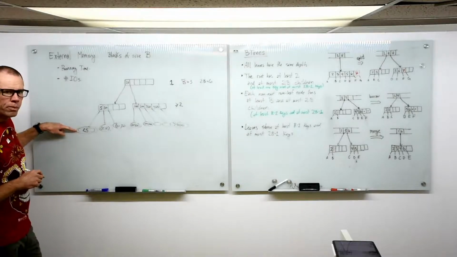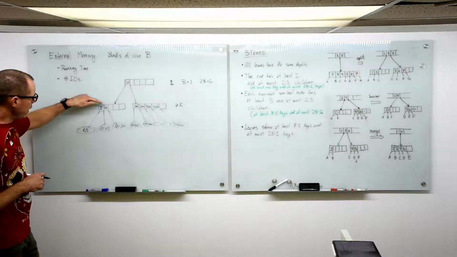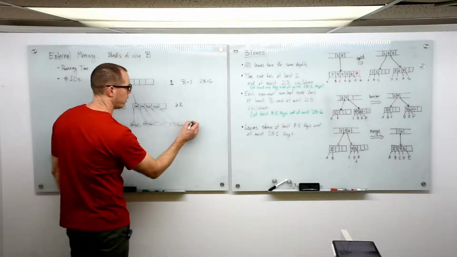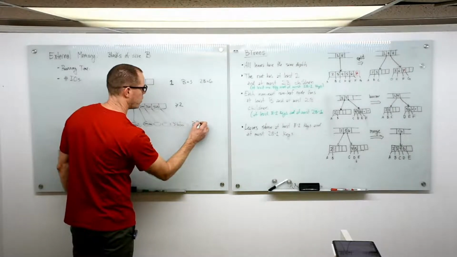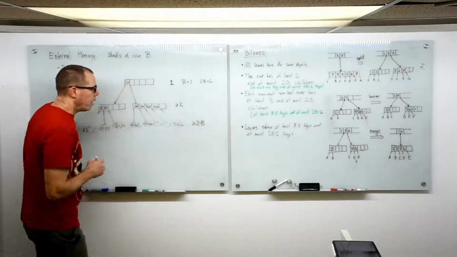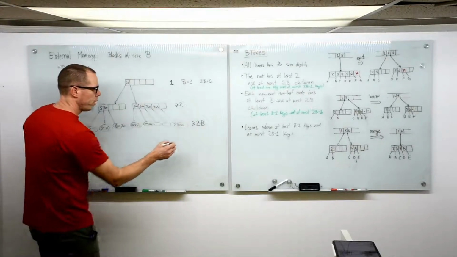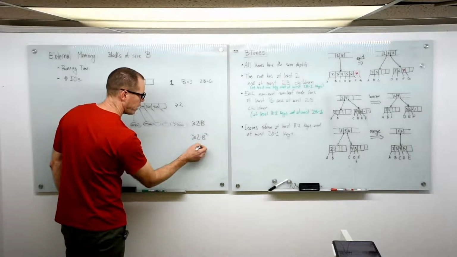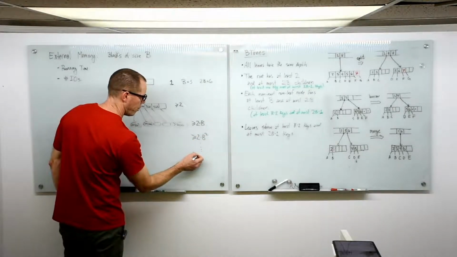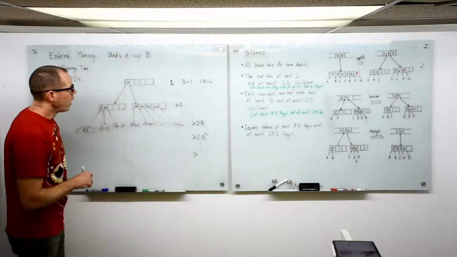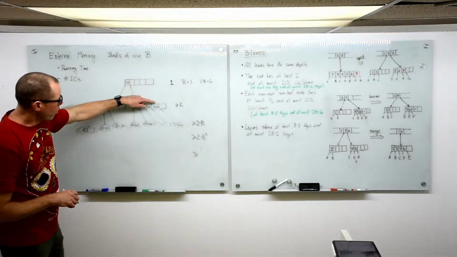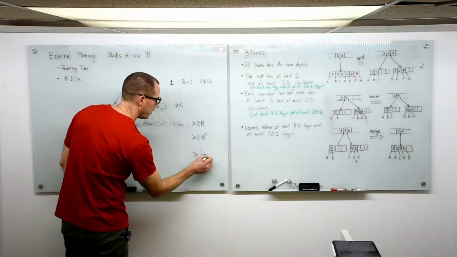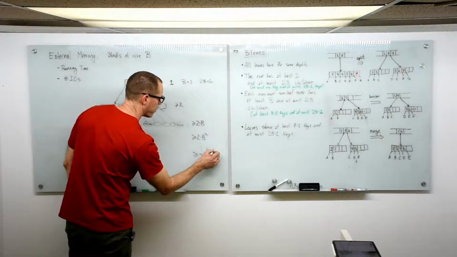Well, that's where things really start to blow up, because each of these 2 nodes here has to have at least B children. So that means we get 2 times B. And if we go another level down, we get 2 times B squared. And in general, if we go to the last level, this would be 2 times B to the height minus 1.